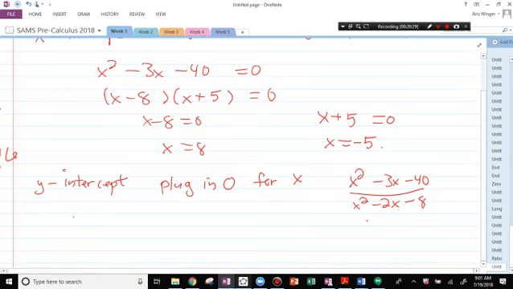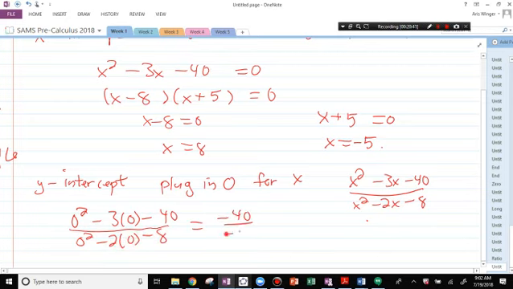It's 0 squared minus 3 times 0 minus 40 all over 0 squared minus 2 times 0 minus 8, negative 40 over negative 8. This crosses the y-axis at 5.